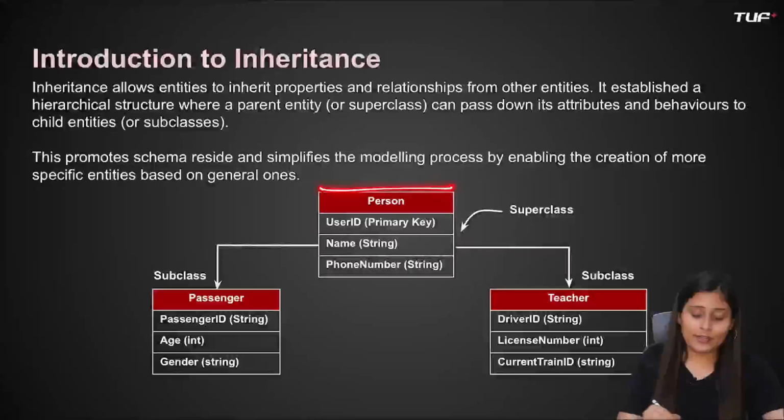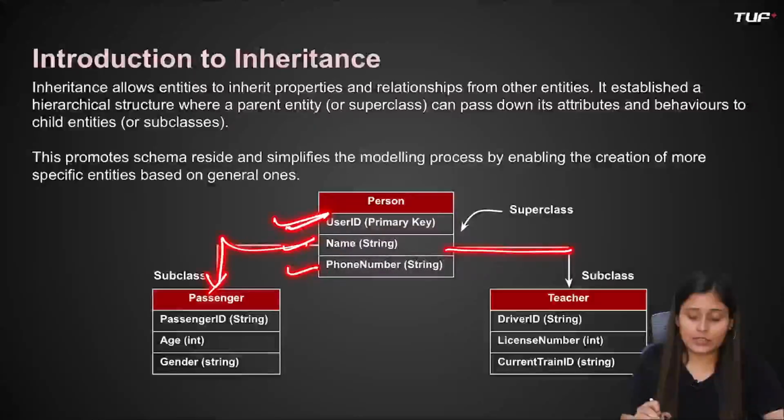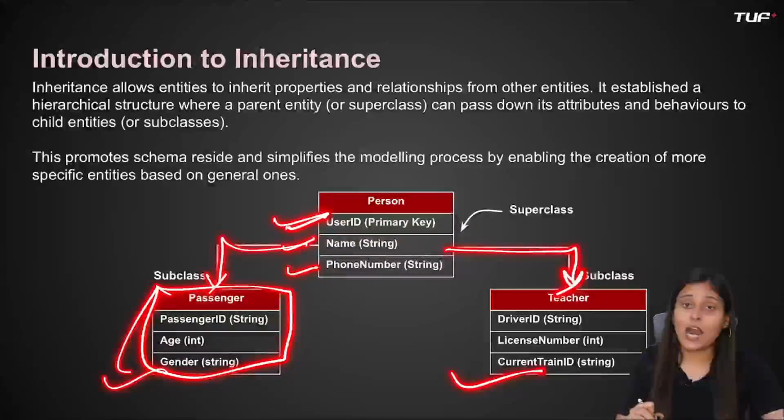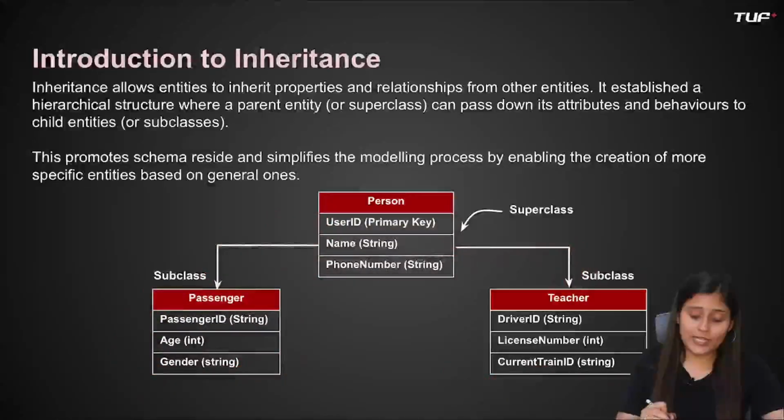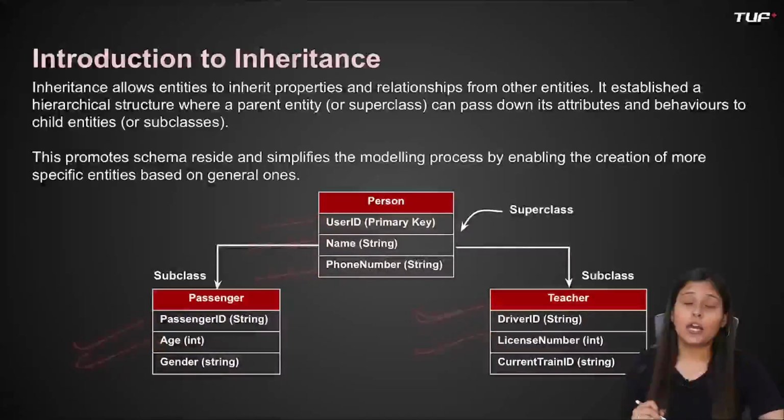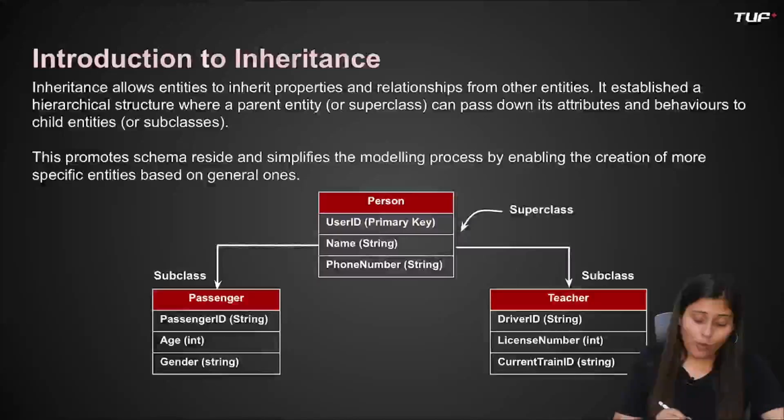For example, here is a person class, and we have passenger and teacher classes. The attributes like user ID, name and phone number will be common attributes in these subclasses also. As passenger and teacher are the child classes of the parent class person, all these attributes can be inherited by the passenger class and the teacher class, along with their individual attributes if they want to add, like how passenger added passenger ID, age and gender.